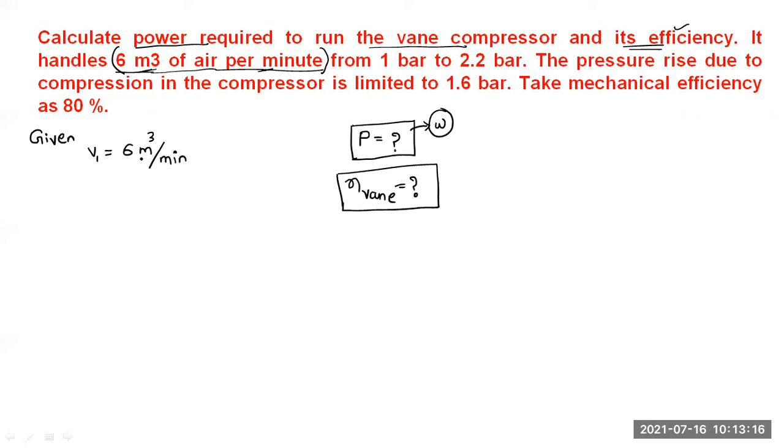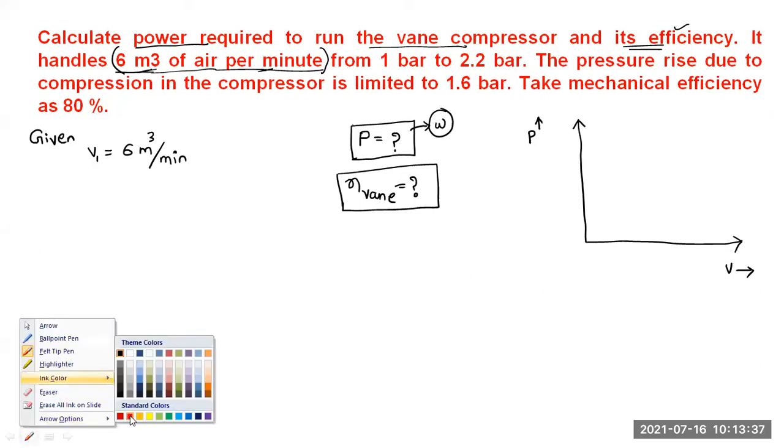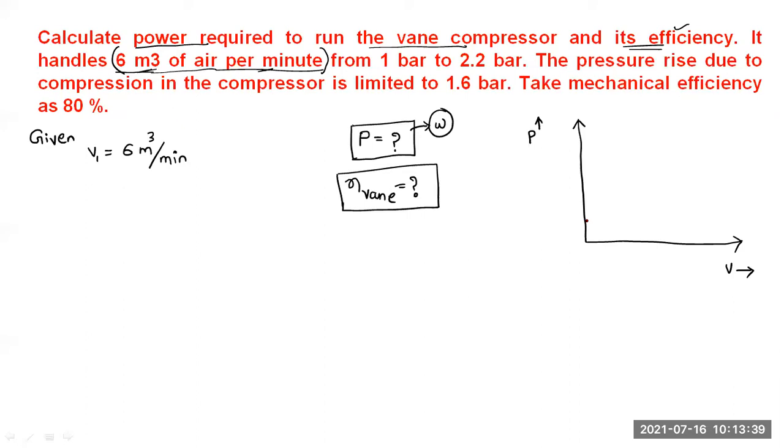Initial volume means, better we plot the PV diagram for this vane type compressor, so that you can understand which one is V1 and which one is V2 I am talking about. This is the pressure axis, this is the volume axis. This is where suction takes place, point 0.